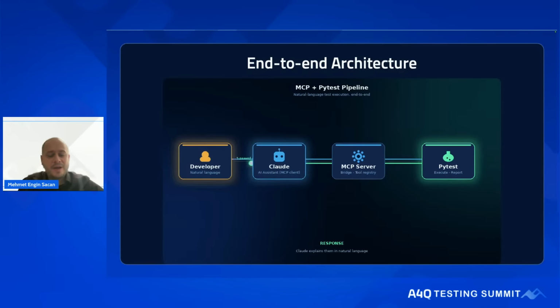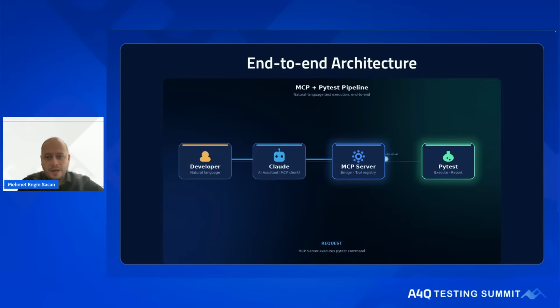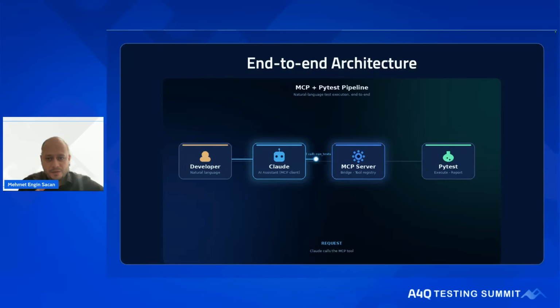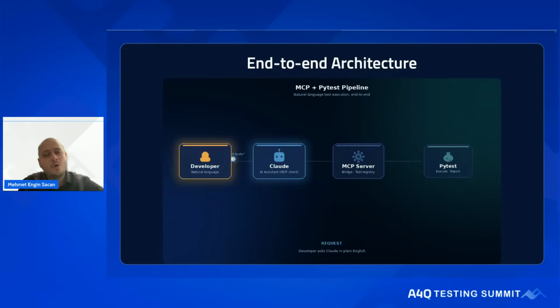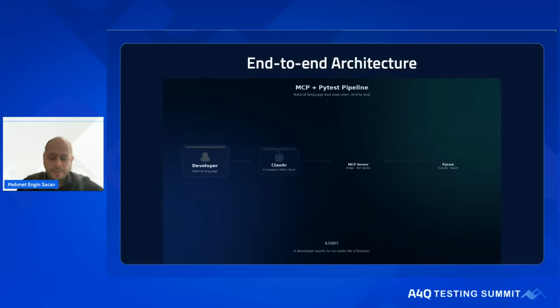So here's the full flow. Let's check the animation. A developer asks Claude in plain English, run the UI tests. Claude maps that to an MCP tool call, run tests with markers equal UI. So the MCP server translates that into the actual Pytest command, pytest -m UI -v with a JSON report.